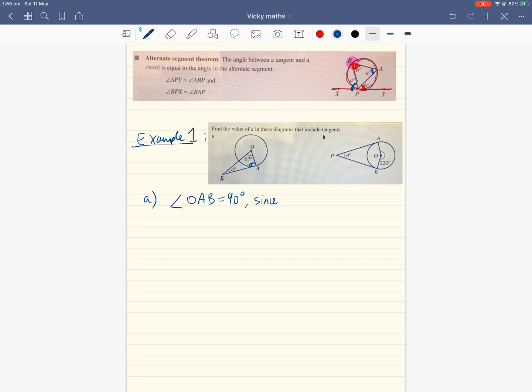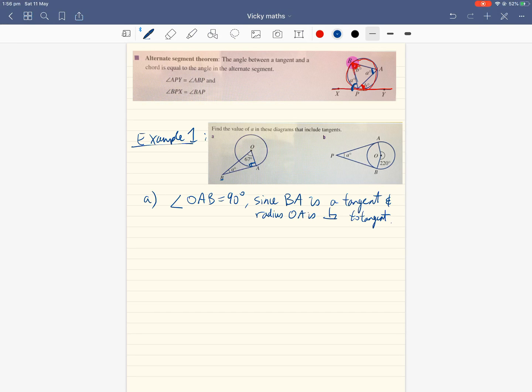Why? Since the line BA is a tangent, and we know that the radius OA is perpendicular to the tangent.